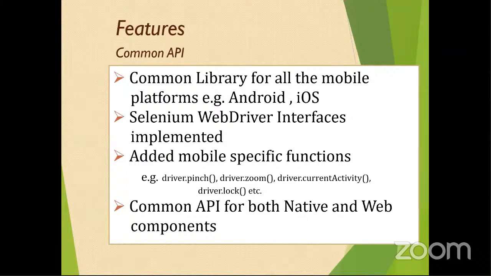They have cleared those restrictions and implemented a lot of functions, like pinch, which is zoom in and zoom out. We can note the current activity, and we can lock the devices. They have added all these later functionalities too.